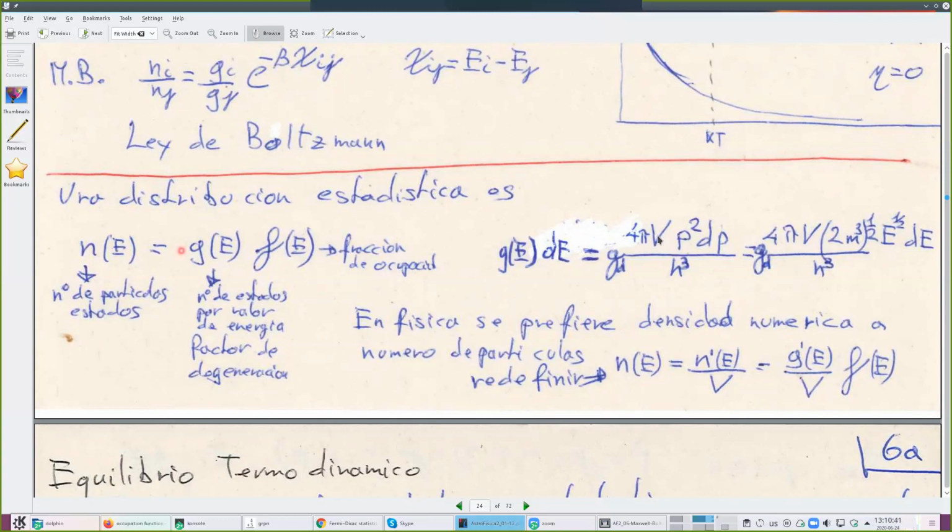Because g usually has the volume inside, since it is the volume occupied in the phase space divided by the unit volume of phase space, and you get the number with g, the degeneracy. And you just divide by the volume, because usually you are talking about the density, what you need to measure, not the number of particles.